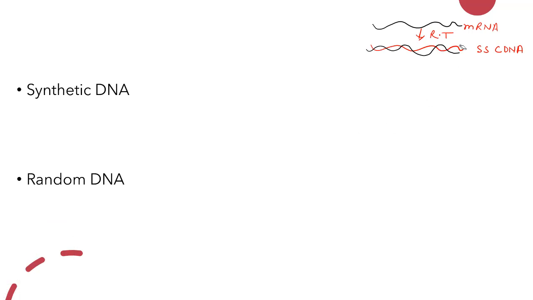So the red one is the single stranded complementary DNA, which is treated with alkaline phosphatase to digest mRNA. Now we get a single stranded DNA template which works as a template.